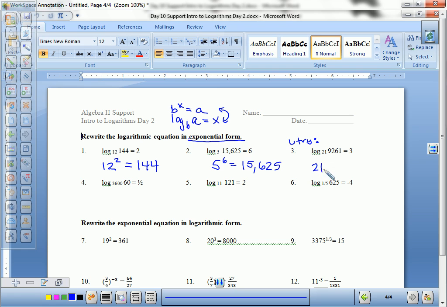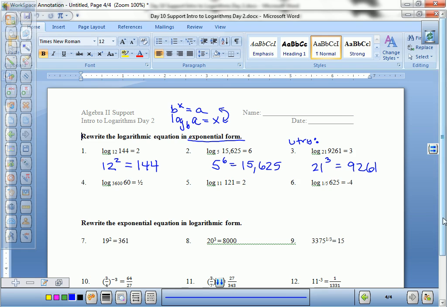All right, so the base is 21, the exponent is 3, the answer is 9261. Okay, so that's going from log form to exponential form.